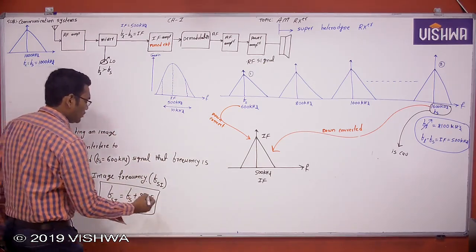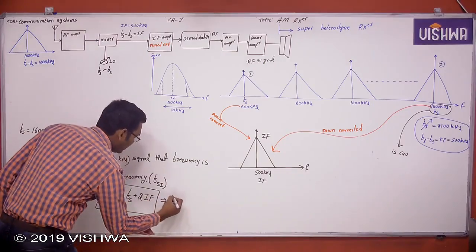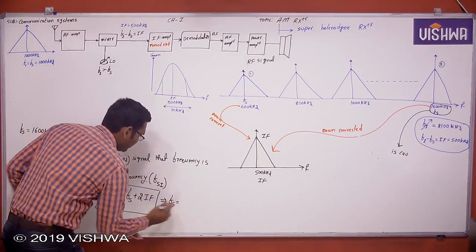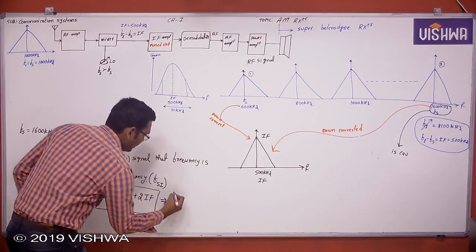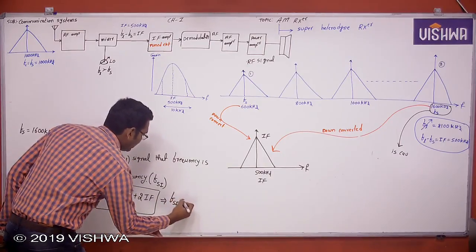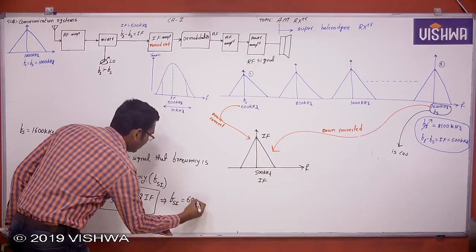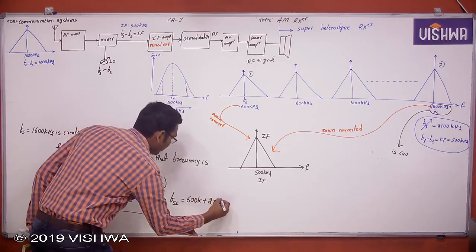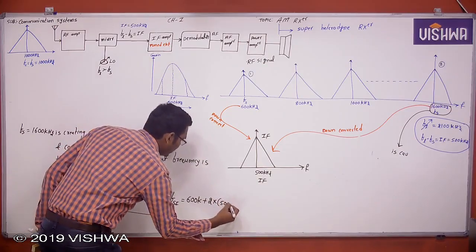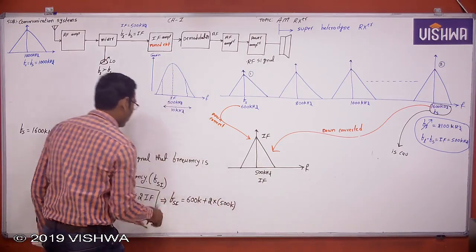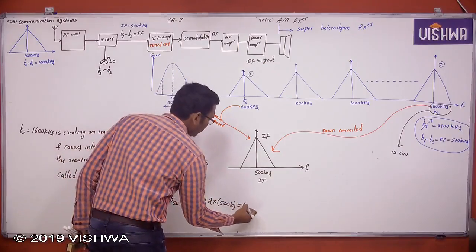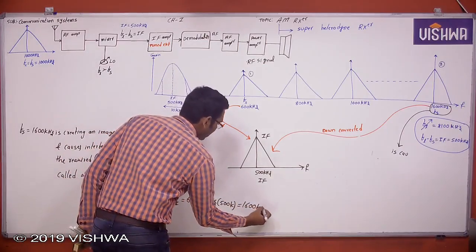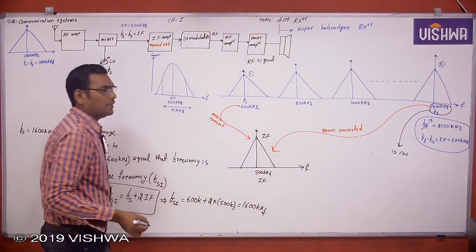Fsi equal to Fs plus 2Fi. If you have any doubt, see here, Fsi is equal to Fs, 600 kHz, plus 2 into IF, 500 kHz. Now 1000 plus 600 is equal to 1600 kHz, which is the image frequency. Understand or not?